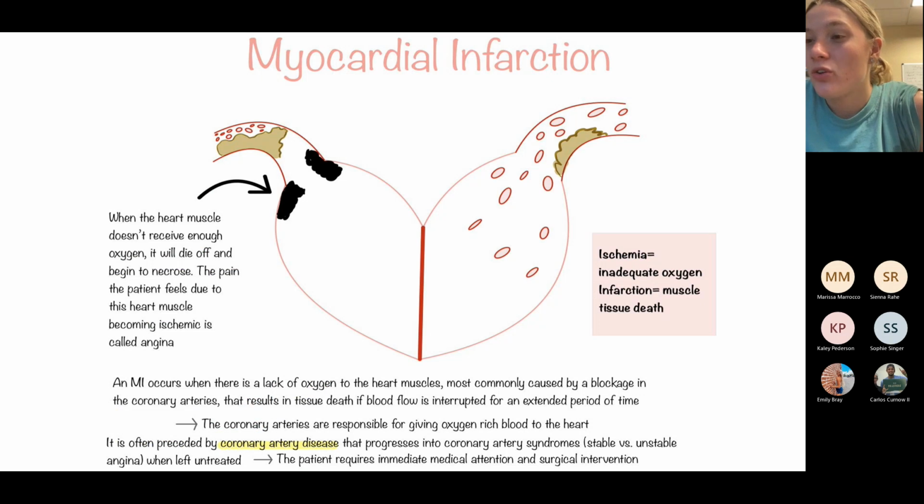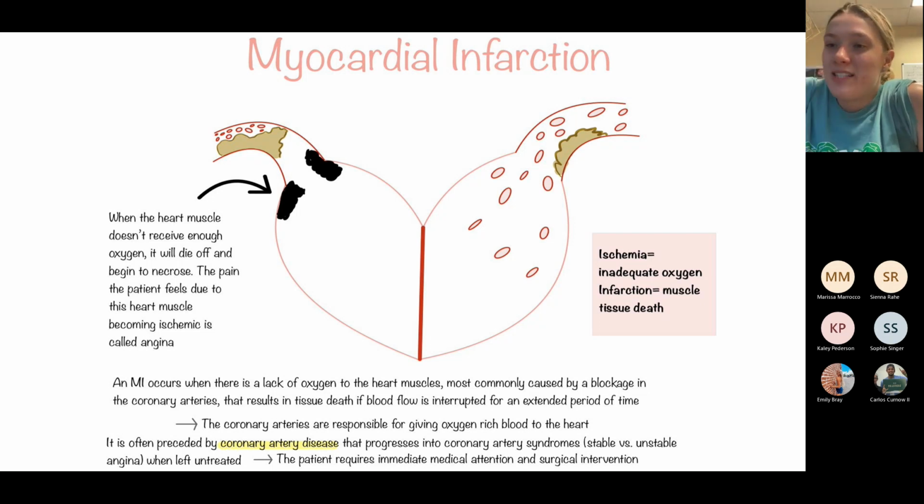Myocardial infarction, this is also known as our unstable angina. So we talked a lot about stable angina. Well, now what happens when it becomes unstable? Essentially now my heart is not able to keep up with the oxygen demand on the day-to-day. Now, without adequate oxygen, we will have ischemia. But ischemia is not right away.